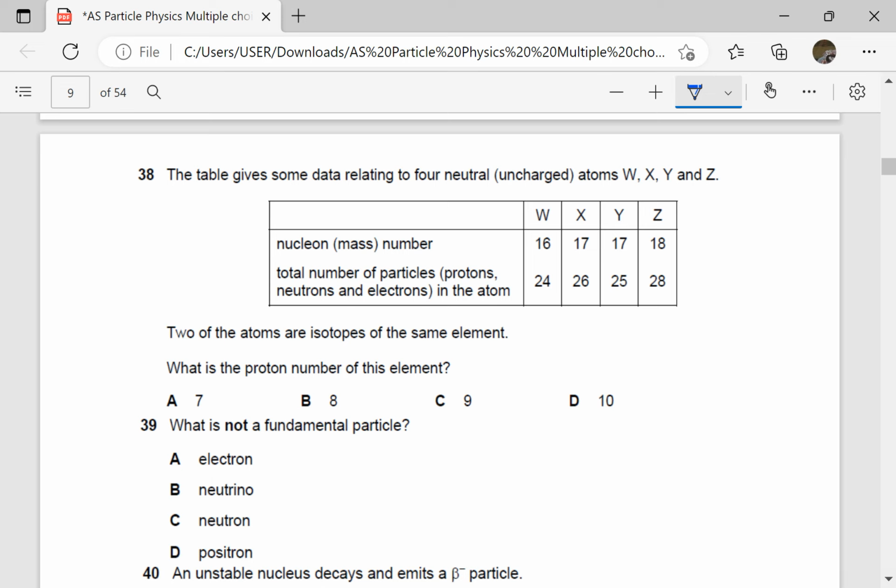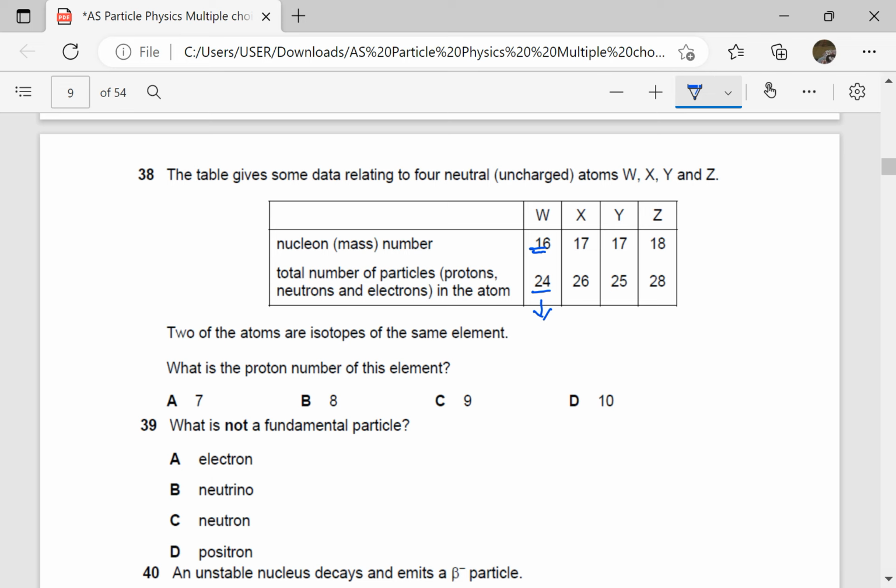So let's find the number of neutrons. This is the nucleon number, then this is the number of protons, neutrons, and electrons. So the difference here, if this is the nucleon number, the number of protons, remember, is the same as the number of electrons for a neutral atom.